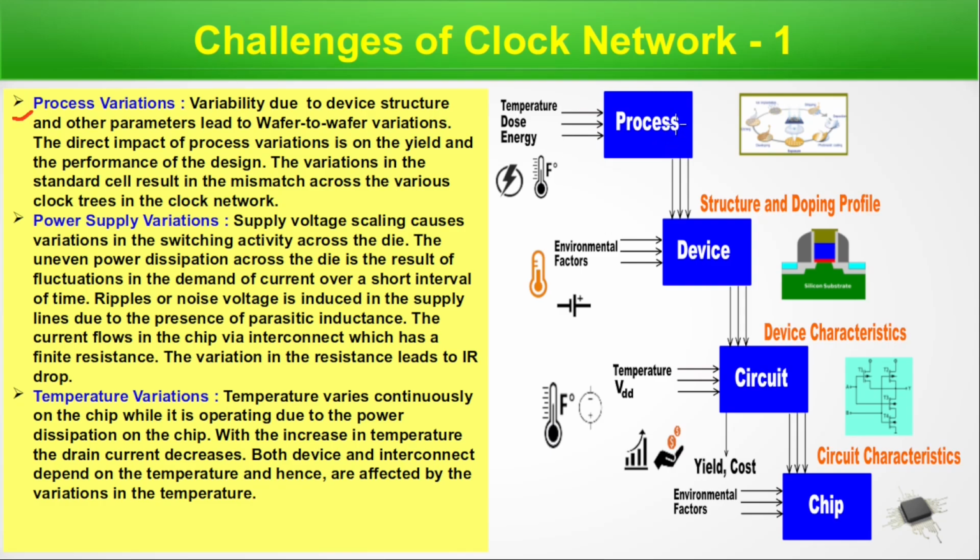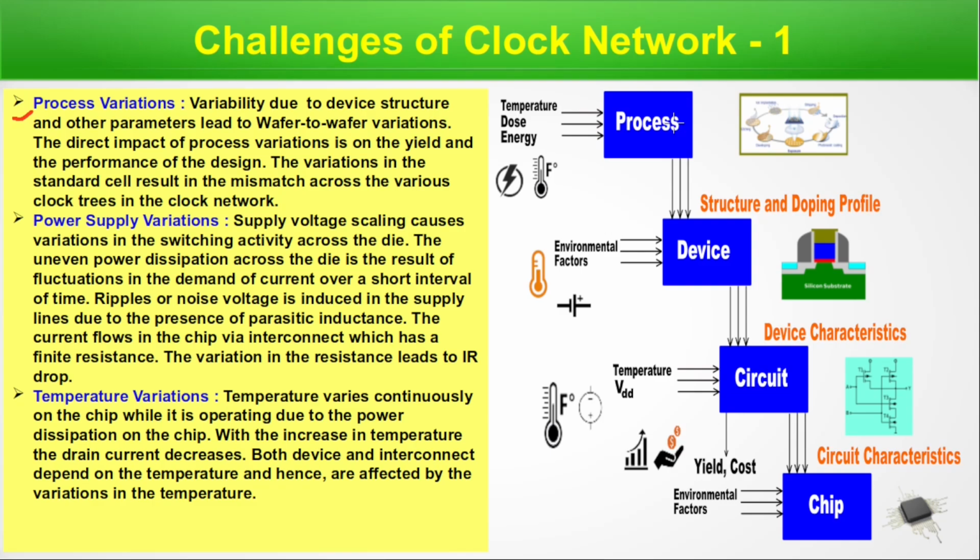As we know that IC or chip or devices, they are manufactured in batches. And even if we try our hardest, no two batches or no two wafers, or even, as a matter of fact, no two die within the same wafer are absolutely identical to each other. There is some variation in dose, in energy and temperature during a process.